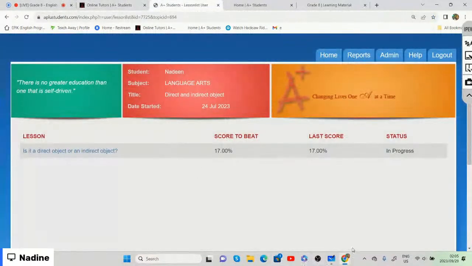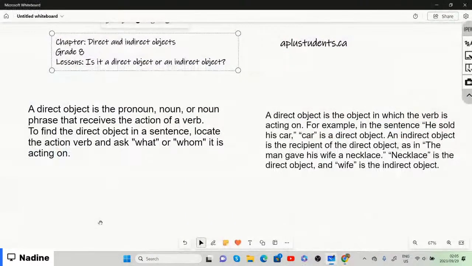Under the chapter of direct and indirect objects, the lesson we are going to focus on is: is it a direct object or an indirect object?